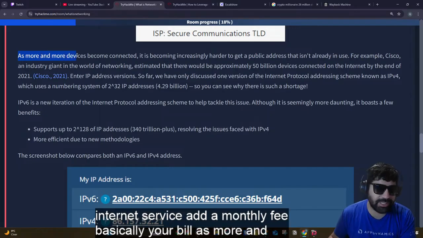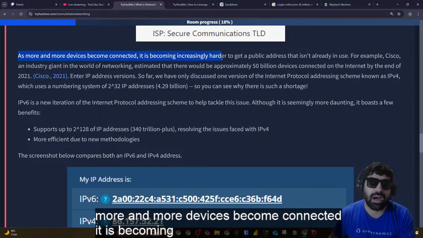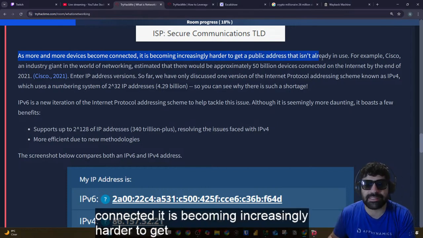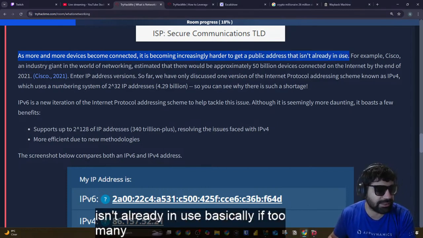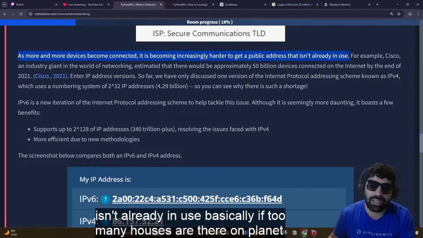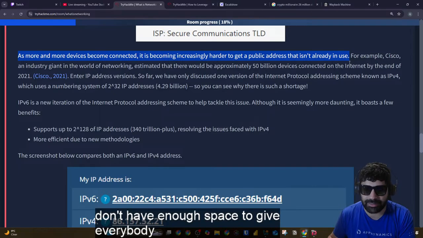As more and more devices become connected, it is becoming increasingly harder to get a public IP address that isn't already in use. Basically, if there are too many houses on planet Earth, we don't have enough space to give everybody an IP address.